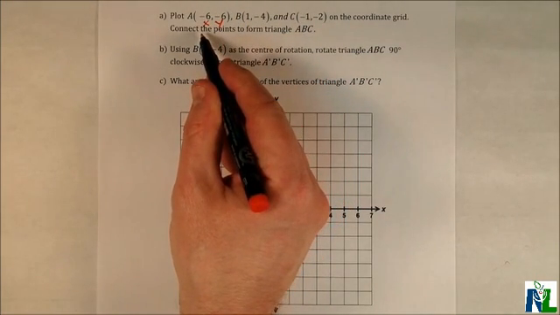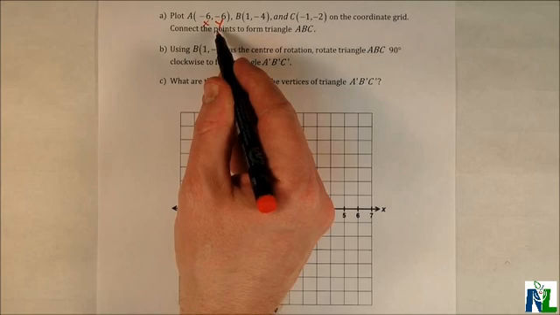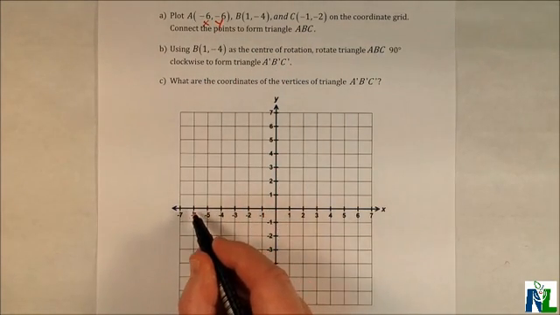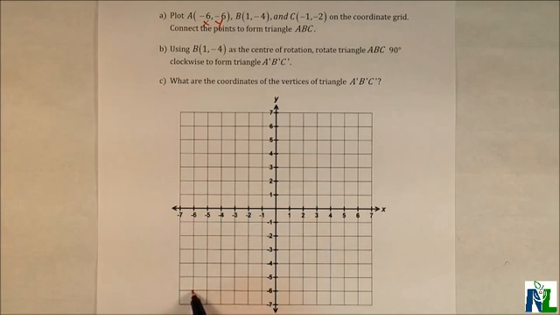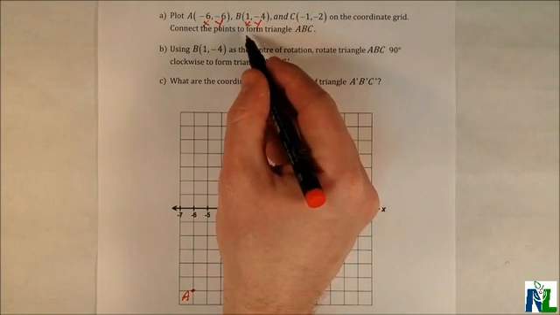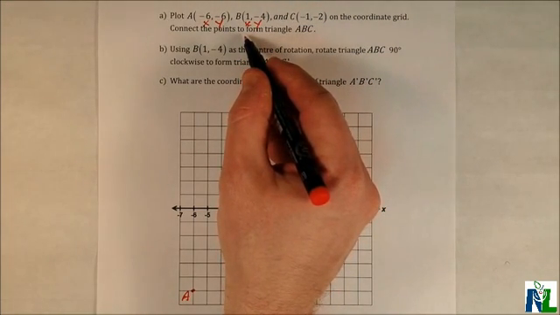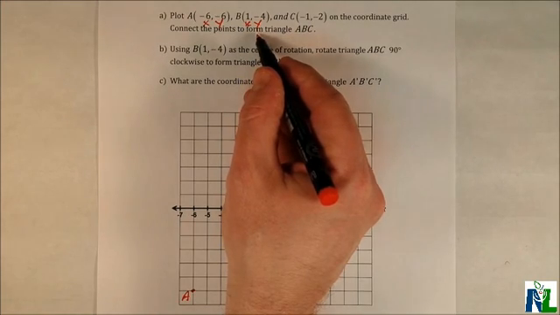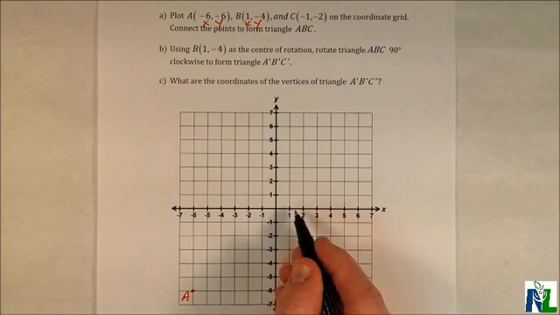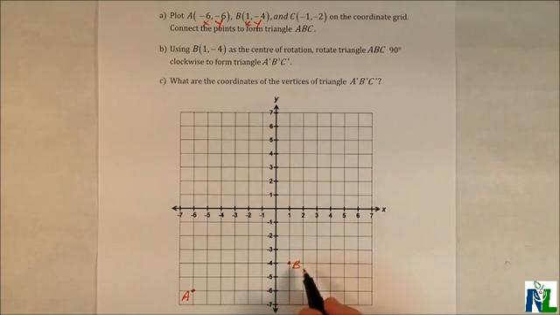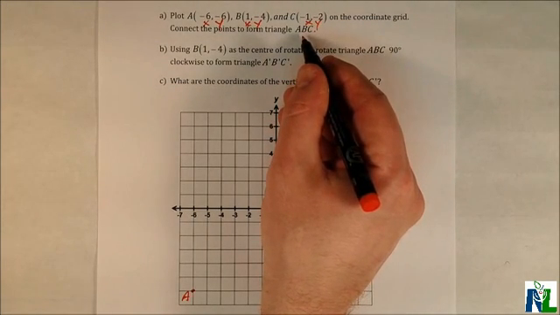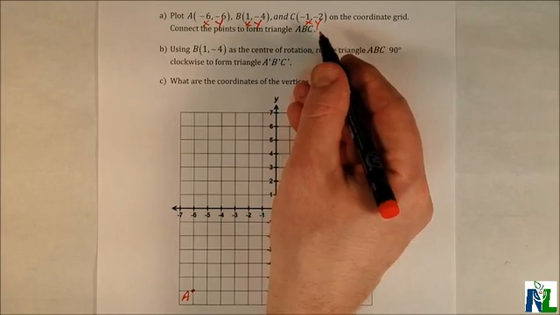Point A has an x-coordinate of -6 and a y-coordinate of -6. So from the origin, I'm going to go to -6 on the x-axis and down 6. Point B has an x-coordinate of 1 and a y-coordinate of -4. So from the origin, I'm going to go to 1 on the x-axis and down 4. Point C has an x-coordinate of -1 and a y-coordinate of -2.